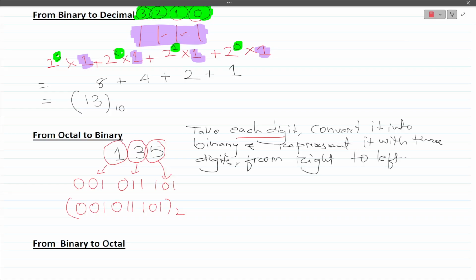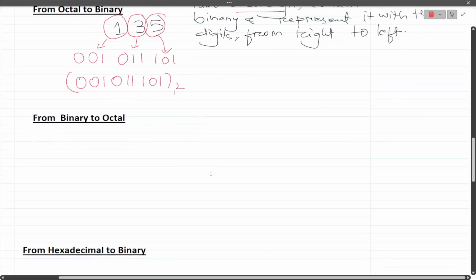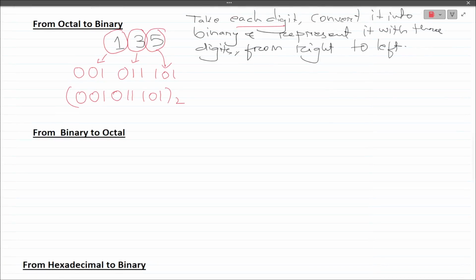Understood? I hope you are noting down whatever I am explaining over here. Now binary to octal. What if a binary number is given and we need octal? Now let's learn. So what do I need to do?